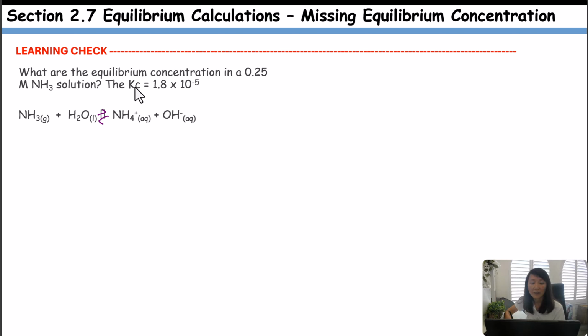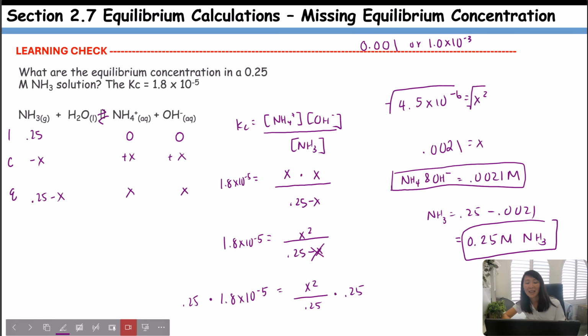Well, if you have a Kc value anywhere lower than 0.001, also known as 1.0 times 10 to the negative 3, you can pretty much start ignoring it. There's no actual cutoff line, but that's the general trend. So try this and come back. Here is the key.